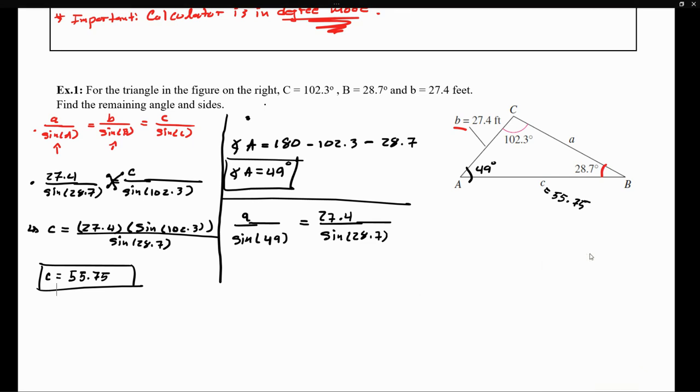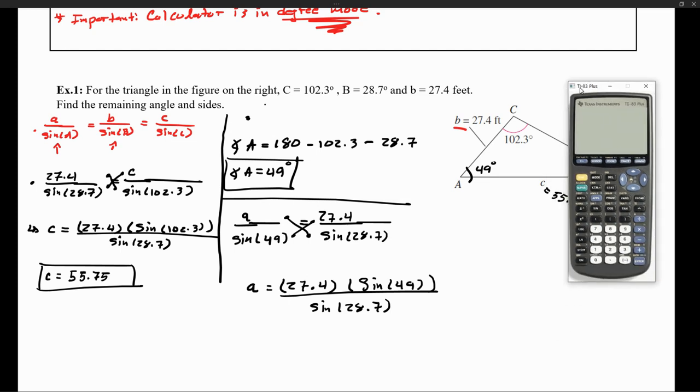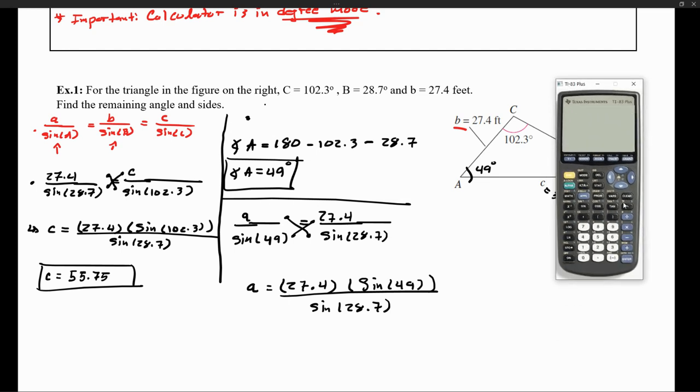To solve for a, again, we can cross multiply and get a by itself. But due to time, let me just write the expression. So a is going to be equivalent to 27.4 times the sine of 49 over the sine of 28.7. And again, once you have it this way, we can definitely use our graphing calculator. So let's pull up our graphing calculator and set it up.